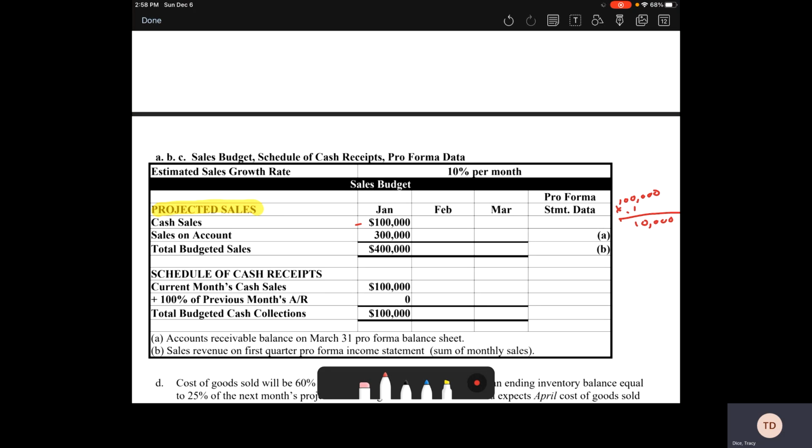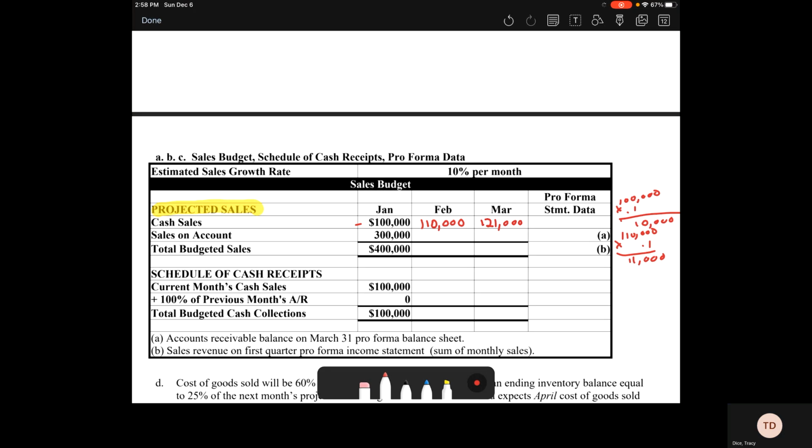So our February cash sales are going to be $110,000. Taking that same exact approach, we find that 110,000 for the month of March, because we're growing another 10%. So that 110,000 times 0.1 or 10% is going to be 11,000. So that then gives us a total cash sales of $121,000.